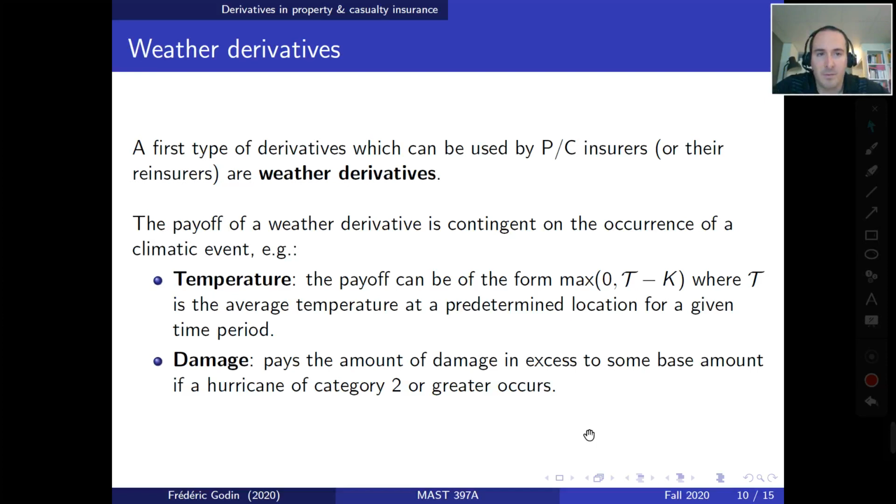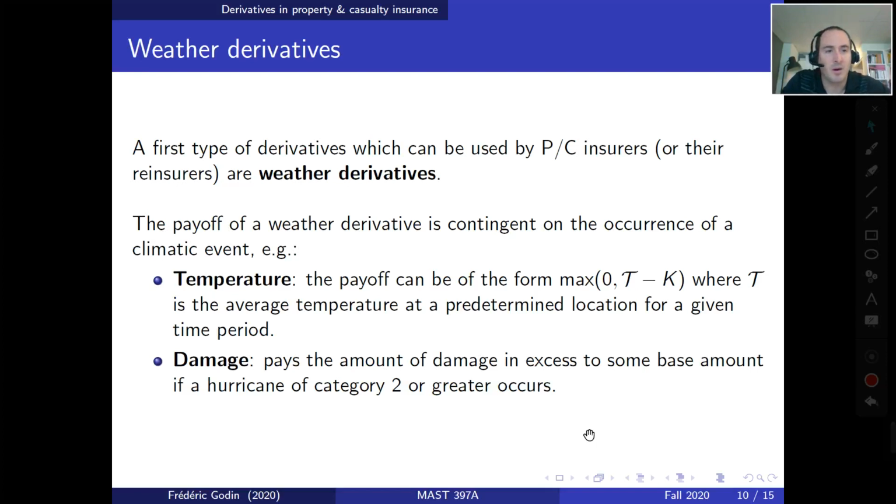Now, for property and casualty insurers, options on stocks or options on interest rates are not as interesting because their payoff doesn't look as much like their liabilities. So instead, there are other types of derivatives that are tailor-made for property and casualty insurance.